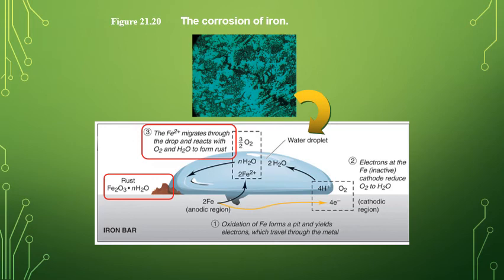So when we are looking at the region here, you can see this cathodic region where we have the oxygen undergoing the reduction process to form the O2- ion, and then you have the Fe that is in this little pit or the little dent that has been caused on the surface of the metal.